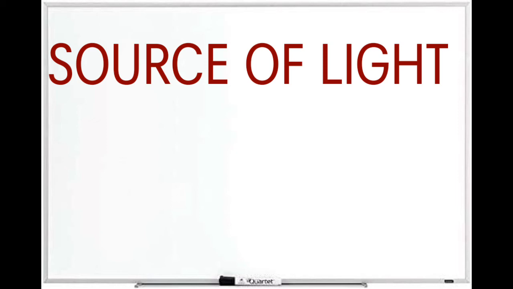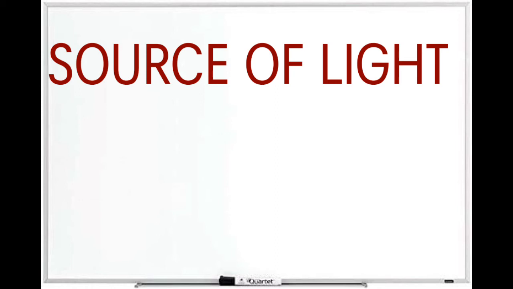The moon shines at night because it reflects the light of the sun falling on it. Sunlight falls on all planets like Earth in our solar system. These objects reflect sunlight in all directions.